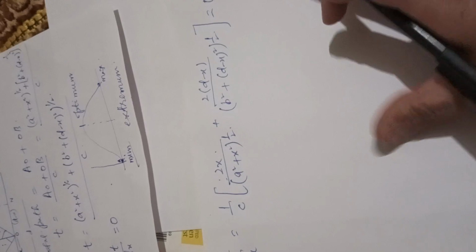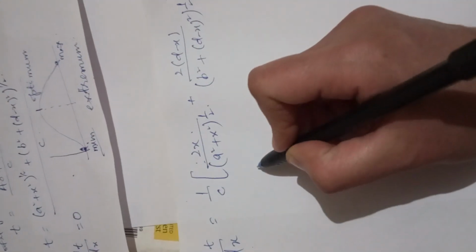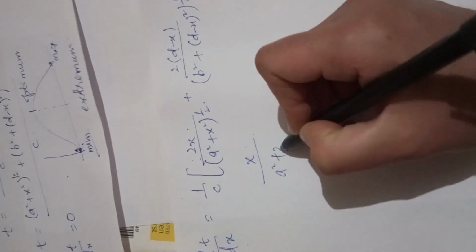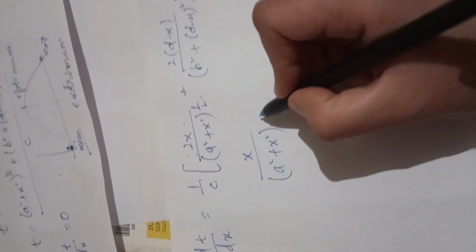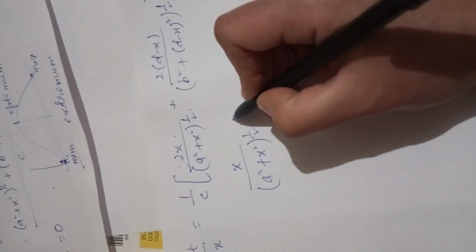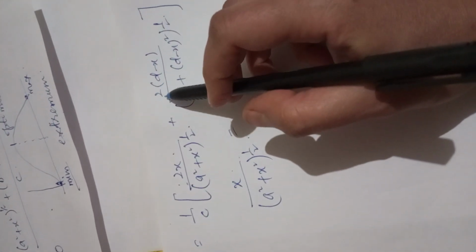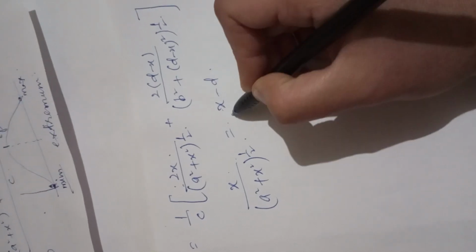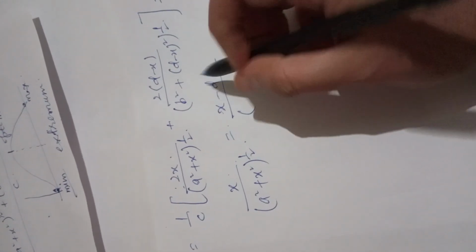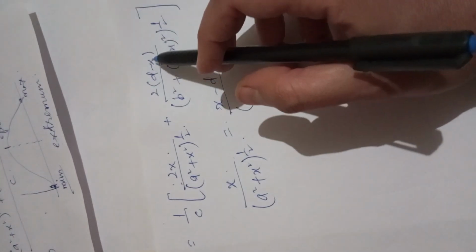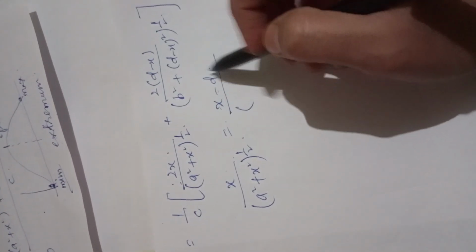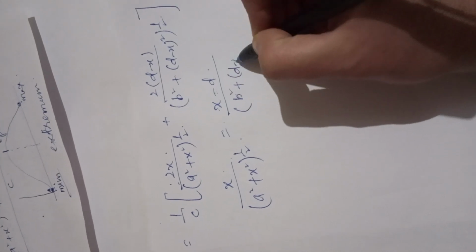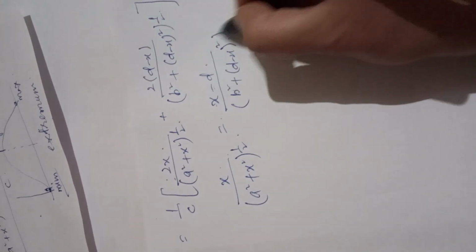So you can write it as x by (a square plus x square) whole raised to the power 1 by 2. This is equal to, because this 2 gets cancelled, (x minus d) now, because I took this on the right side. Because of the minus sign, it will be x minus d, over (b square plus (d minus x) square) whole raised to 1 by 2.